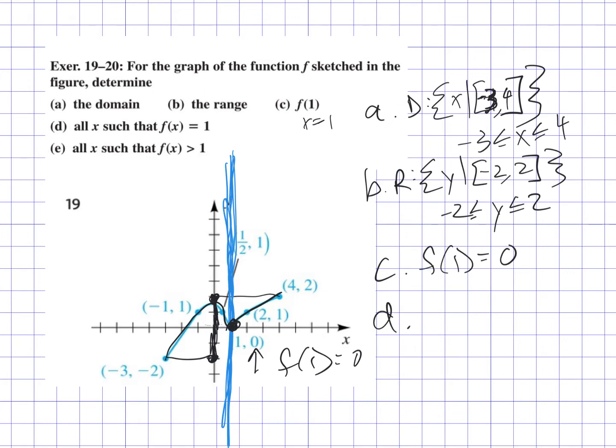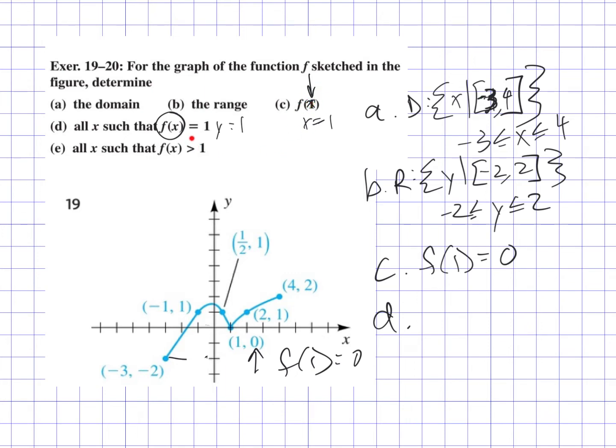All right, now part D, I'm going to erase some of this stuff. Okay, D is all the x values such that f of x equals 1. What that's saying is when y is equal to 1. Here, it's inside the parentheses, which means f of x when x is 1. I was talking about right here, f of x, x being 1.